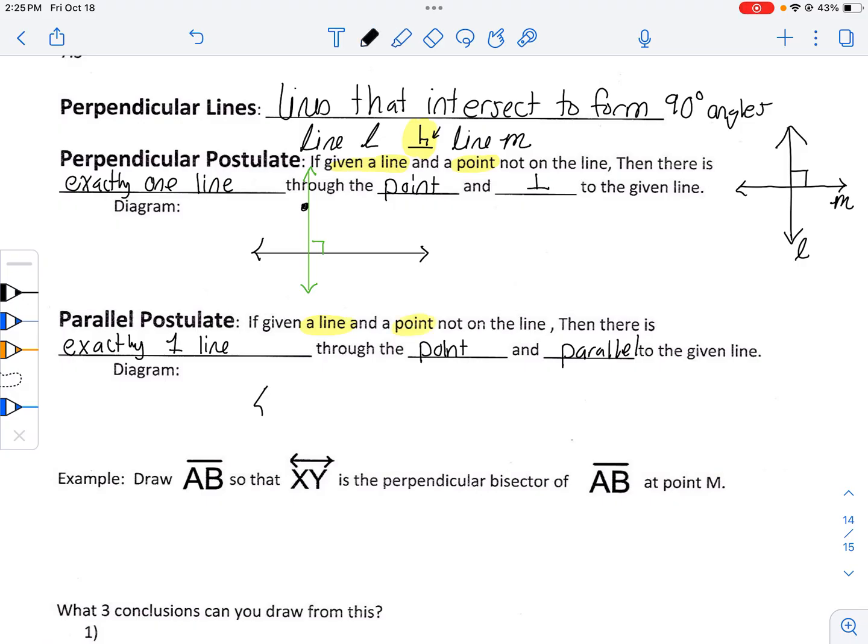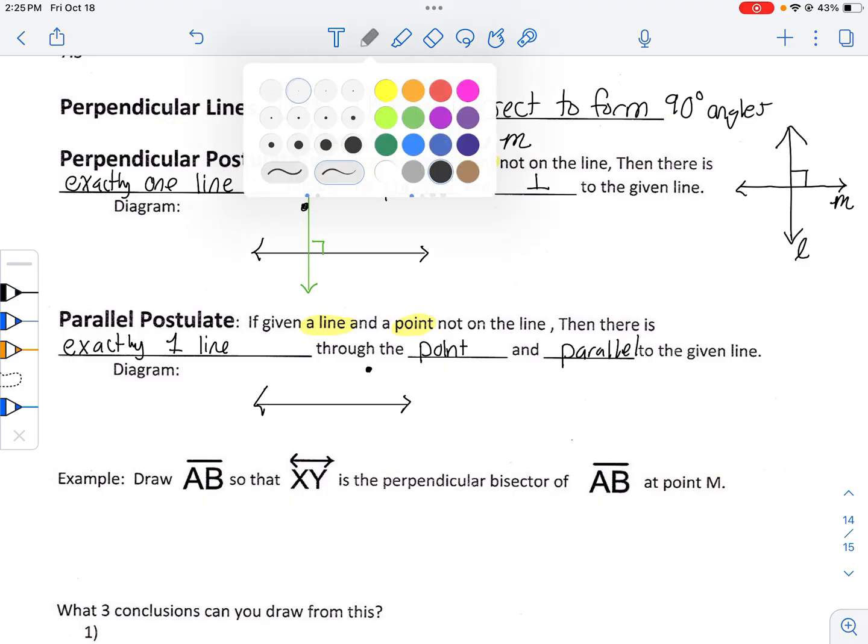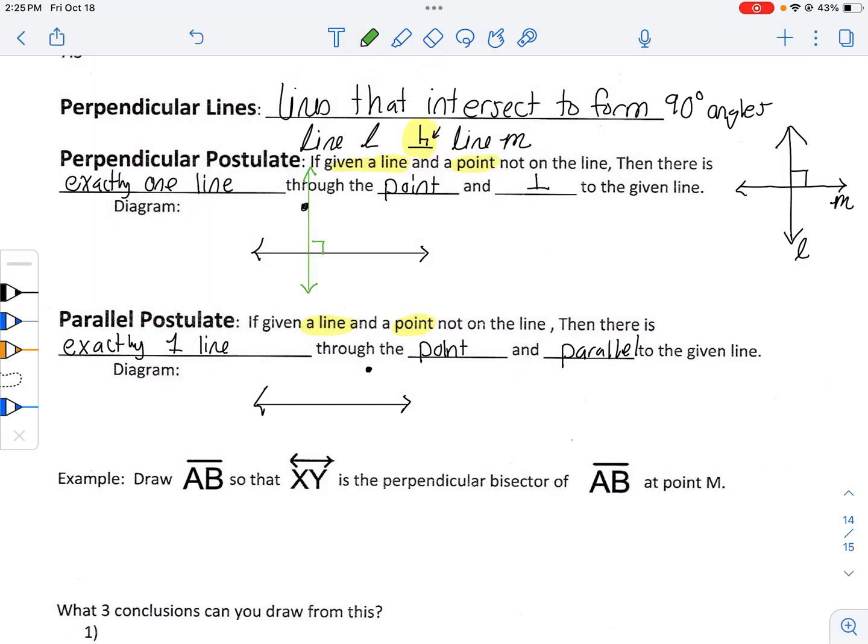I can draw a point anywhere, and there can only be one line that goes through that point and is parallel to the other. Remember, we show parallel lines using little arrows, so I'm going to put little arrows on these to show that these two lines are parallel.